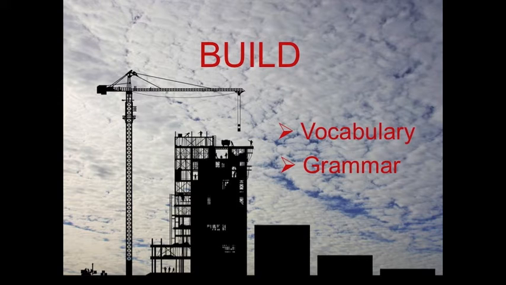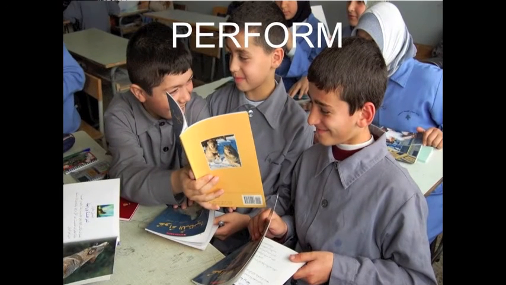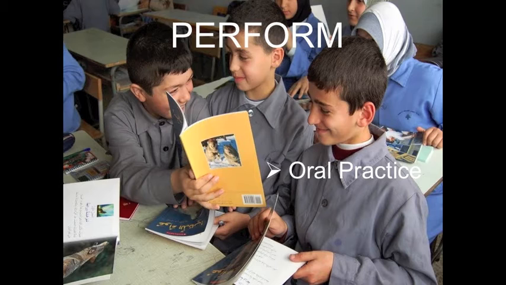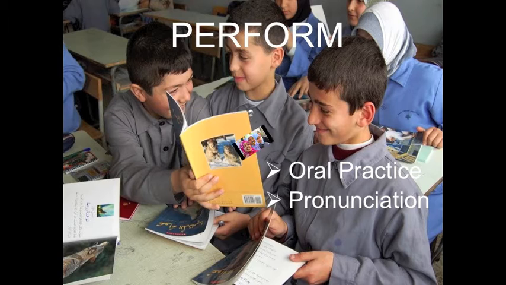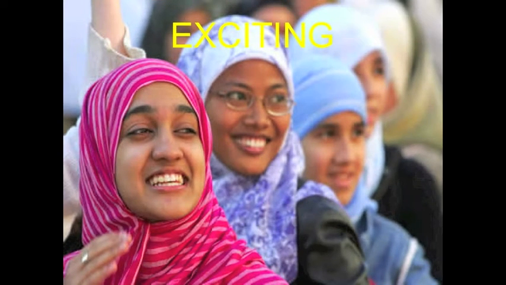And let's not forget, students can perform their poetry, which will help them gain needed oral practice and improve their pronunciation. Finally, using poetry in a classroom is exciting because students can play with language in a fun way, share that poetry, and be successful. We have discovered that such success often builds students' self-esteem.